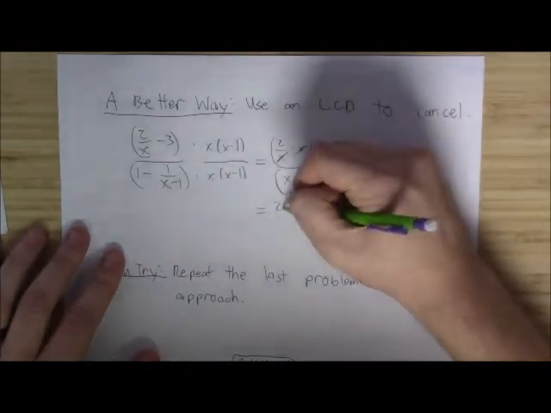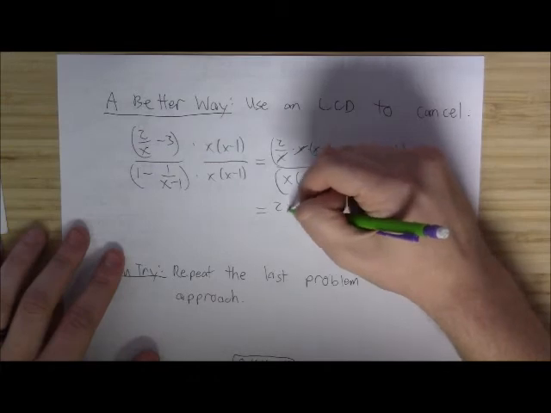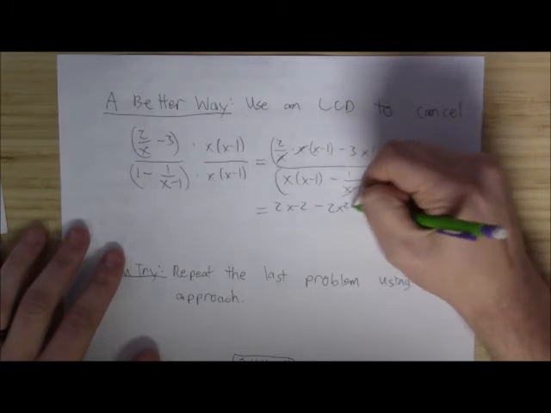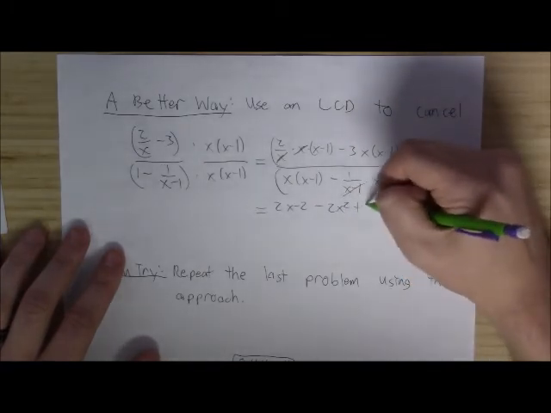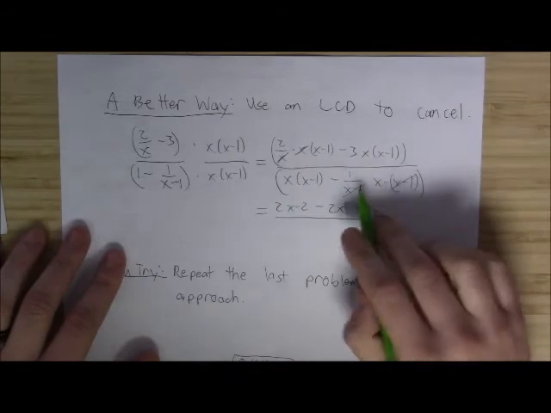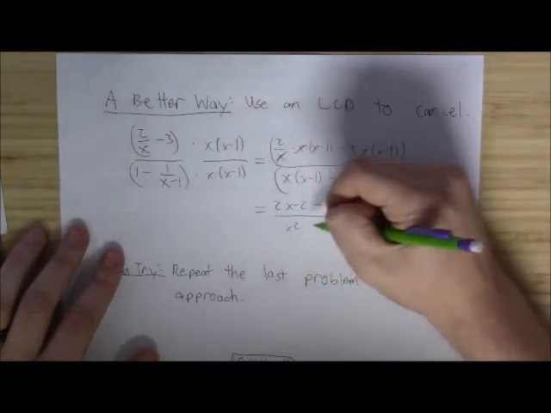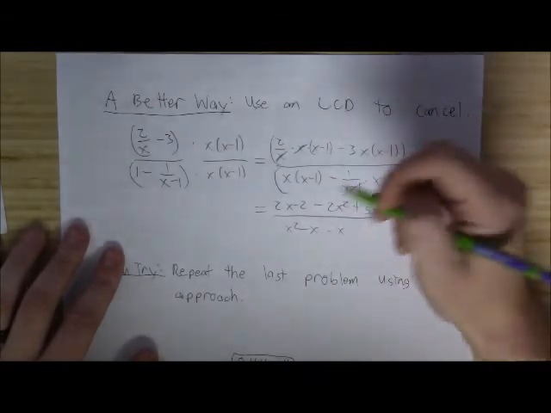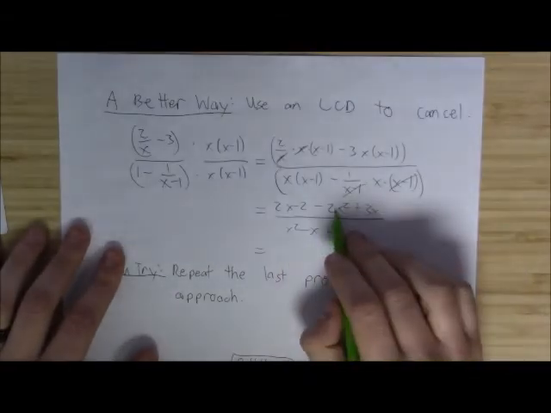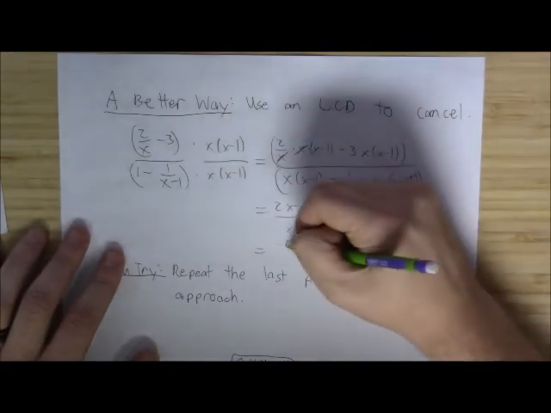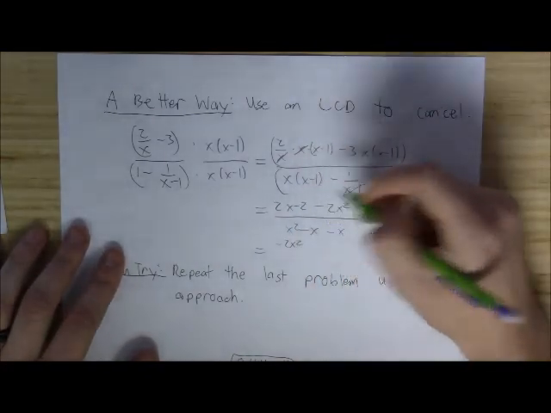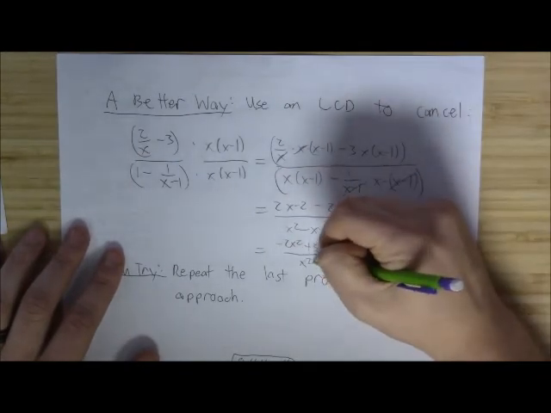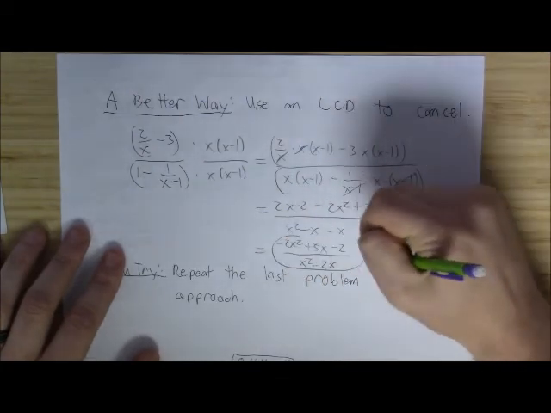This leaves us with 2 times x minus 1, which is 2x minus 2, minus 3x squared plus 3x all over x squared minus x minus another x, which is the same thing as negative 3x squared plus 5x minus 2 all over x squared minus 2x, which is what we got before.